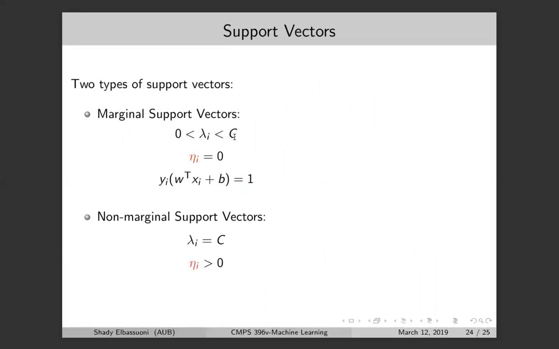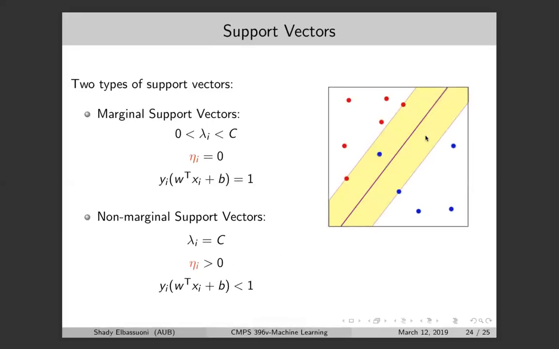And I have eta_i is greater than 0, so these are points that cross the margin. So in this figure, which ones are the marginal support vectors, which ones are the interior points, and which ones are the non-marginal support vectors?